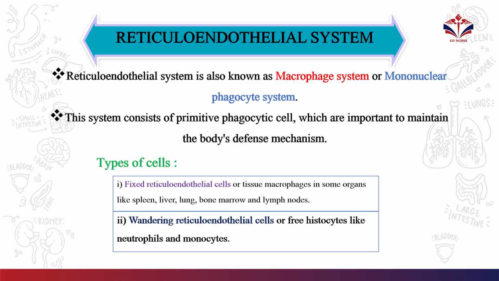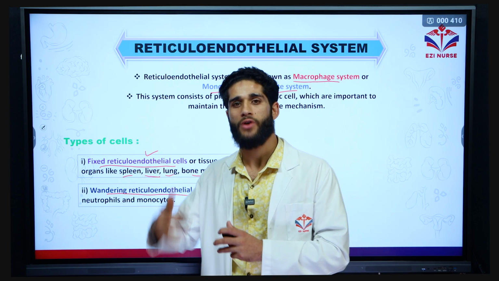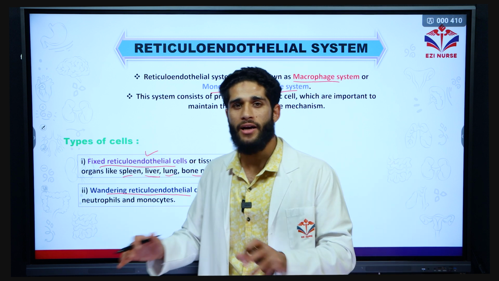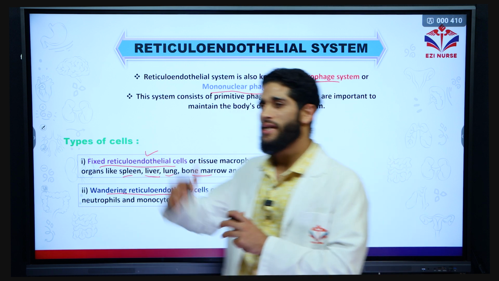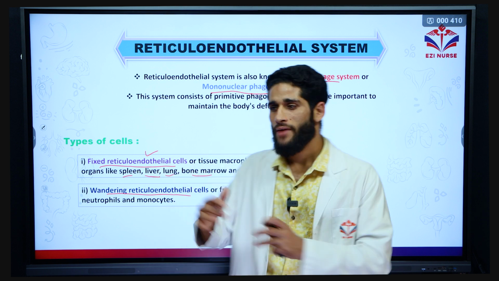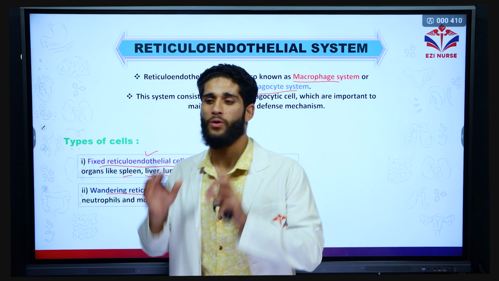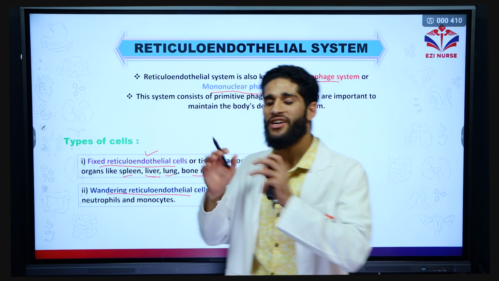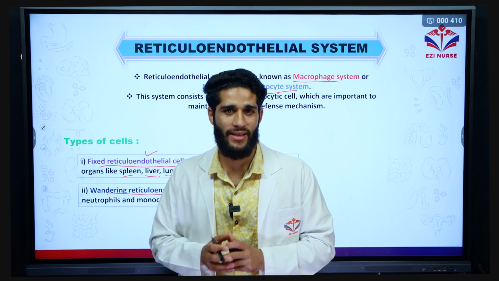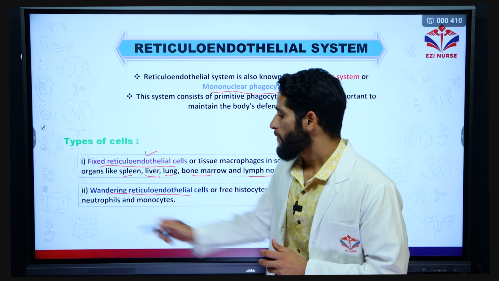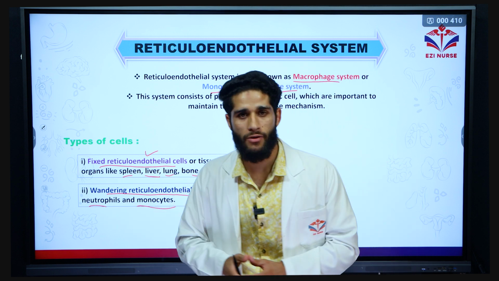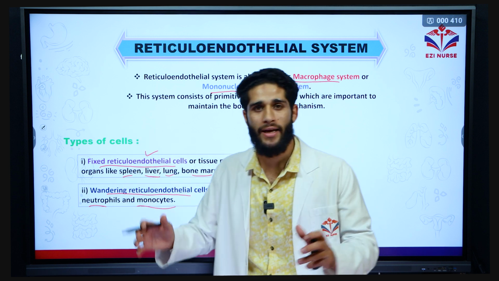Same is the case with the wandering reticuloendothelial cells, which are always traveling across the blood, wandering in the blood throughout the body and protecting the body. So wherever there is an injury, an attack, an antigen or pathogen, they are going to move to that side. They are going to rush towards that and fight that antigen in that particular area. Those are your neutrophils and the monocytes. So these cells will always be present in your blood and will reach that particular area.